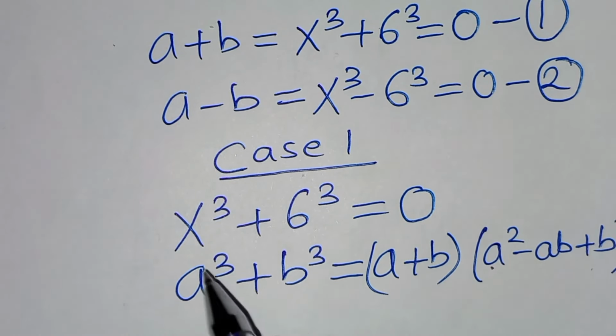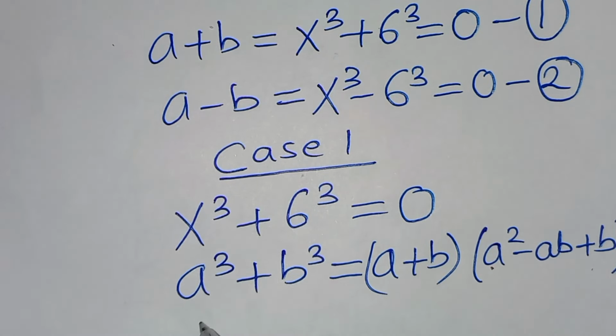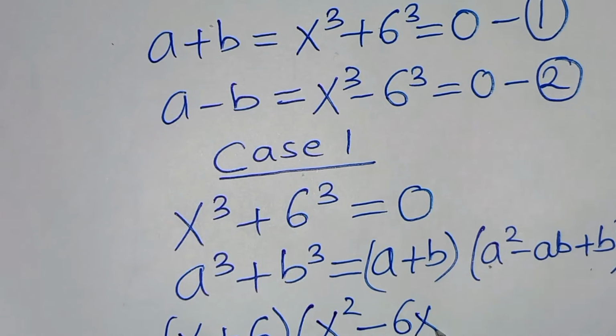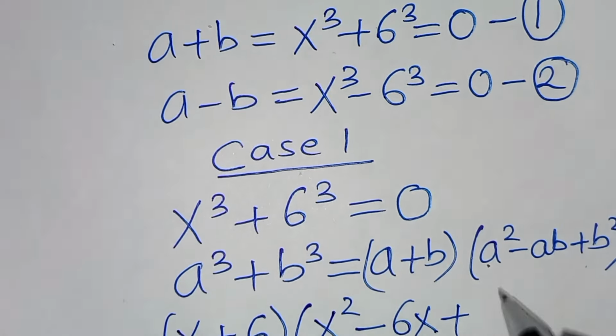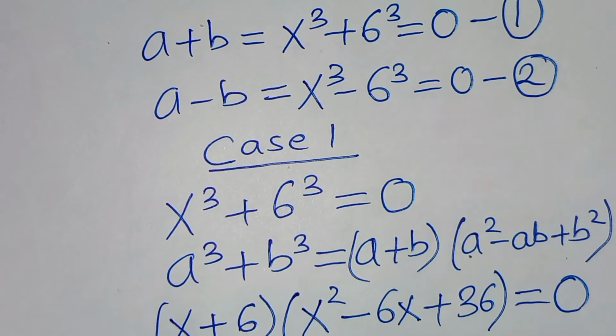So x to power 3 plus 6 to power 3 can be expressed as (x plus 6) times (x squared minus 6x plus 6 squared, which is 36). Close the bracket. This is equal to 0.